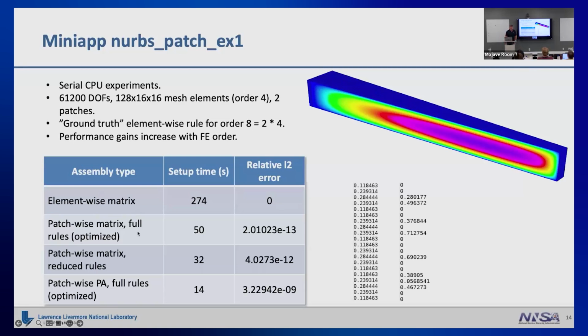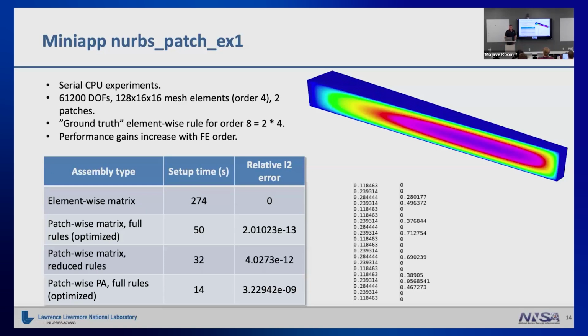And if you do just the full integration with optimization based on sum factorization and the limited interaction of basis functions, you can do patchwise matrix assembly much faster, 50 seconds. And this scales for larger problems too, with about the same factor of speedup.